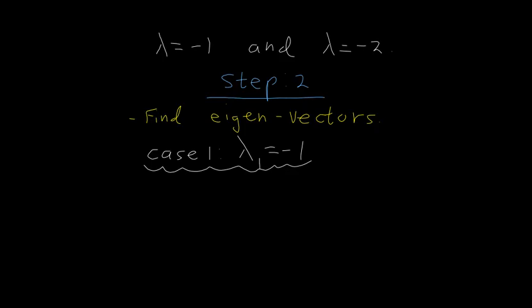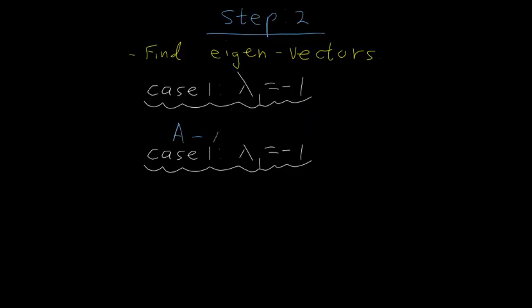Our equation to determine eigenvectors, you should know, is A minus lambda 1 I, in parentheses, times the eigenvector v1 is equal to 0. That's the equation to determine eigenvectors.